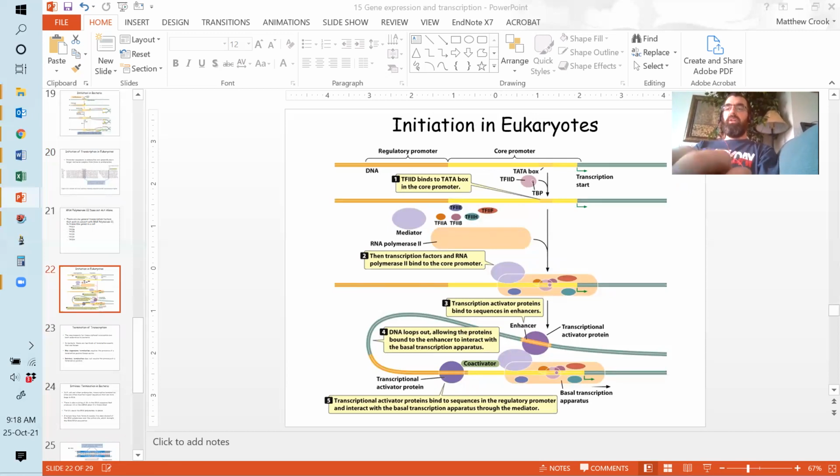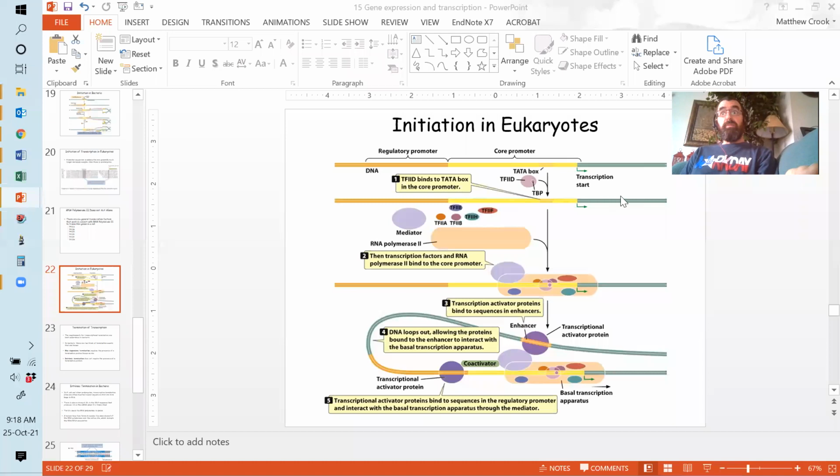It's also called the minimal promoter, which basically means it's the smallest bit of DNA that will allow transcription of that gene. So it's the bare minimum that you need for this gene to be transcribed. Now that's the core promoter, again in the 400 to 500 base pair range, give or take.